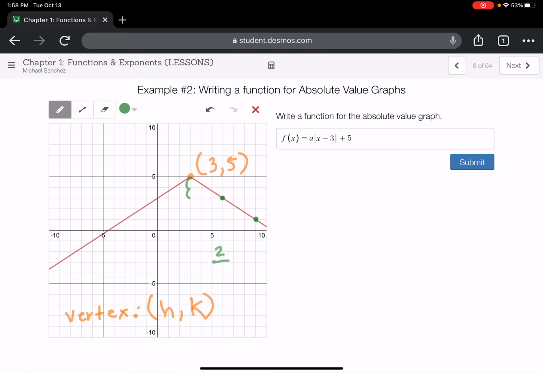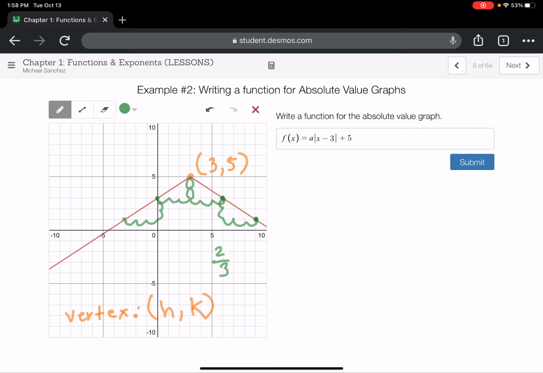So I have a rise of 2, run of 3. 2 over 3. Same thing on the left side. I can go down 2 over 3 to get to that point. So 2 over 3 is our slope or our a value.